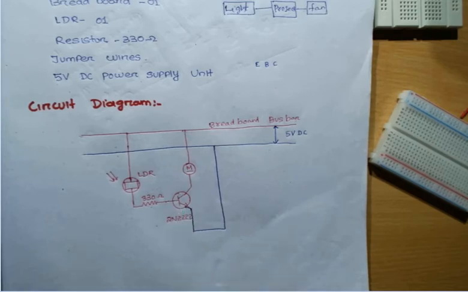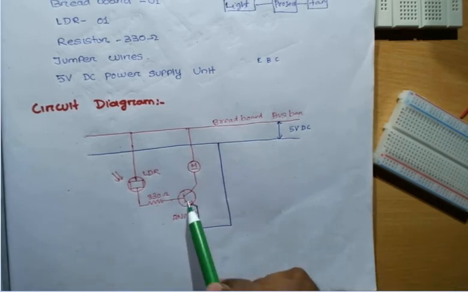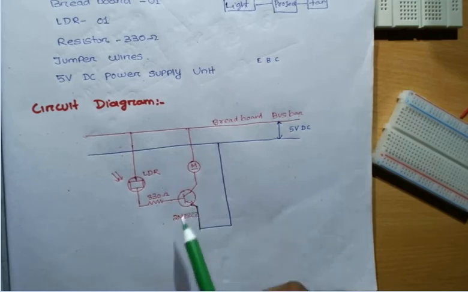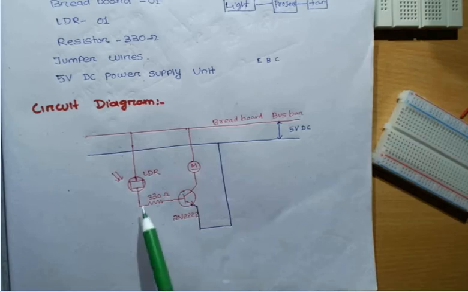As I have already told you, this transistor will act as a switch. How will it be on? We do not require any fingertips for that, as at our home, with the help of fingertips, we switch on the fan and switch off the fan. But this is not required in this practical. How will we do that? We will do it with the help of an LDR.